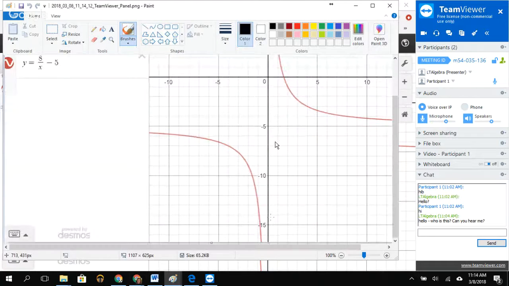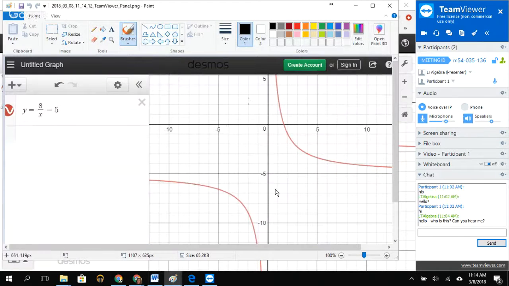Okay, so if I'm talking about the domain of my function, I want to know what x's are possible. So if I look at my x-axis, all these are good, right? Until I hit x equals 0, and then I don't have a value, and then all these are good.